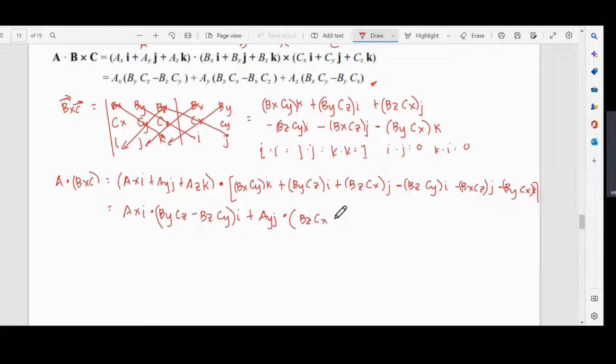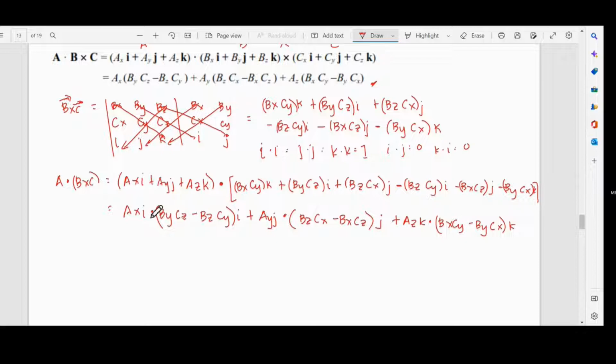Bz, Cx, J. Yan. Minus Bx, Cz, J. Plus yung may K naman. K, yan. Bx, Cy. Ano pa? Minus By, Cx. Tapos yung K.